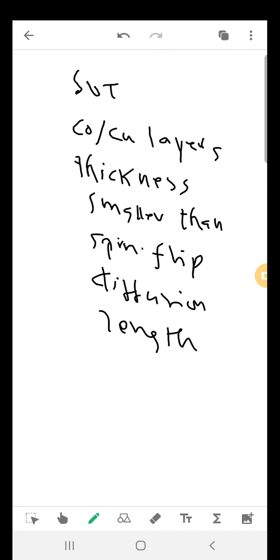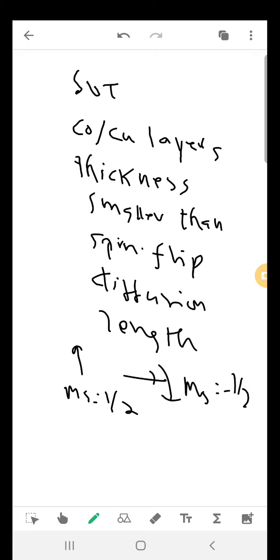So this is the length traveled by the spins before flipping. That means if the spin is in this direction, ms equals 1 by 2, it will traverse a certain distance to make ms equal to minus 1 by 2. However, the cobalt copper layer length is smaller than this distance, so it avoids spin flip scattering.